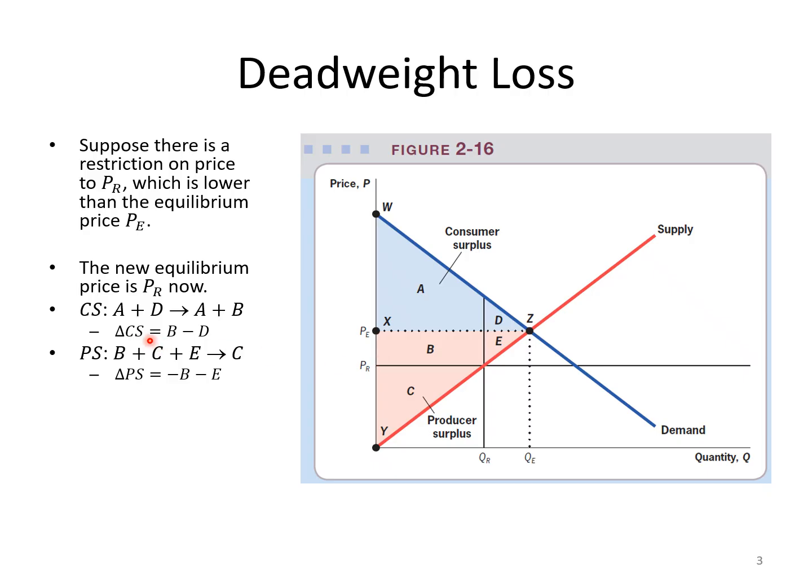And so the change in consumer surplus, that's what this delta means, is how much this area B is minus this D.